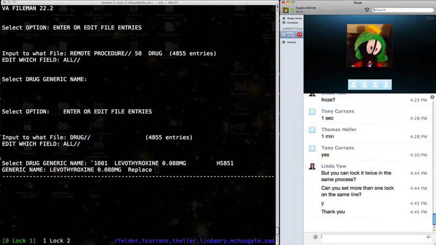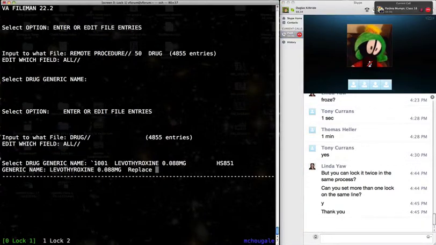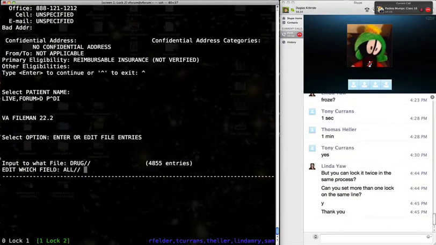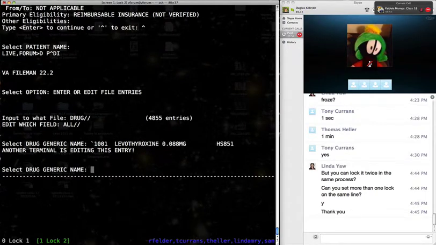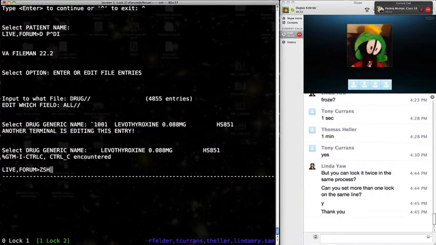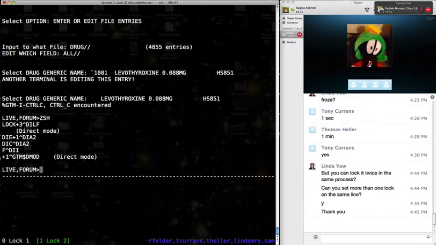Let's switch to the other session. Aha, see that? And actually, if I catch FileMan in time, I can probably detect where is the locking happening. Okay, you see the lock is happening at lock +3 upcode DILF.